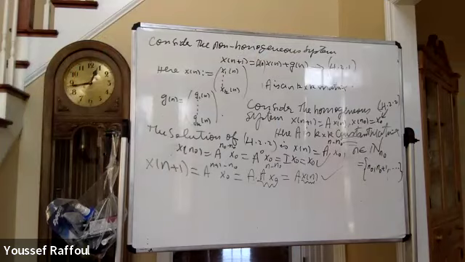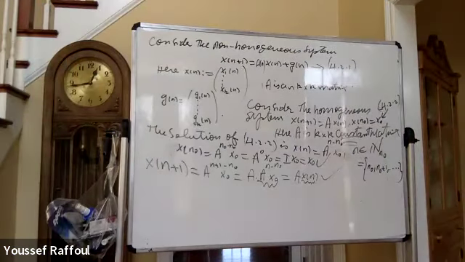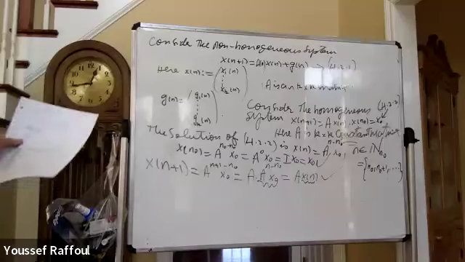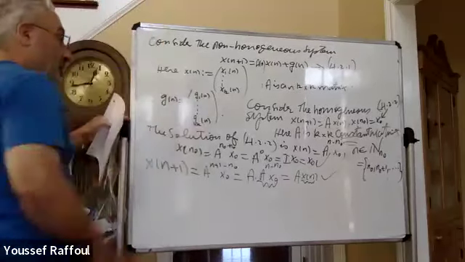Well, if the matrix A is diagonalizable, then it is easy. For example, let's say I'm going to flip the board.